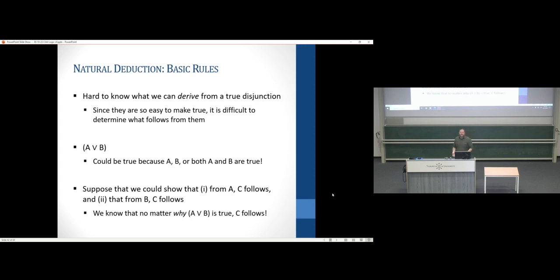And merely knowing that the disjunction is true leaves you in the dark about which of these three options is the case. And that's a problem. Because a lot of times, what you'll be able to derive depends on which one of the two is the case. And if you don't know, well, then it's really hard to figure out what to do.